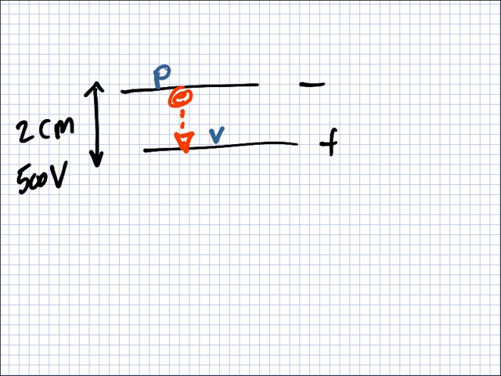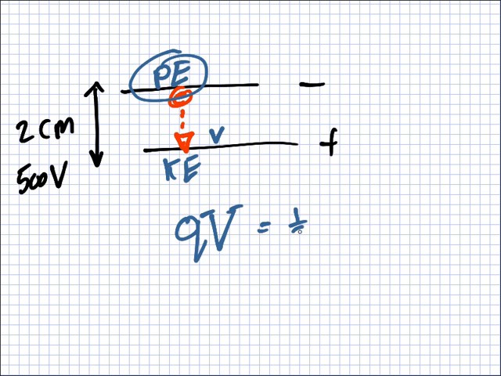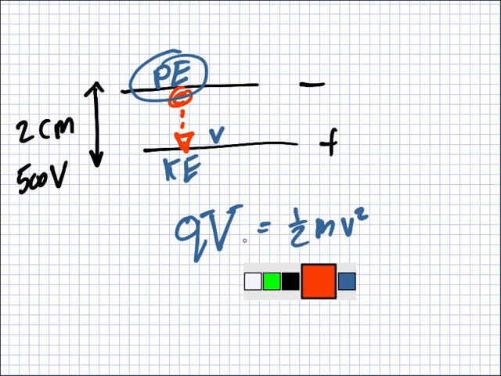So the potential energy here should equal the kinetic energy here. What's the formula for potential energy, guys? QV for voltage. And that should equal a half mv squared. Do we know the Q? Yes or no? Do we know the V? Yes.